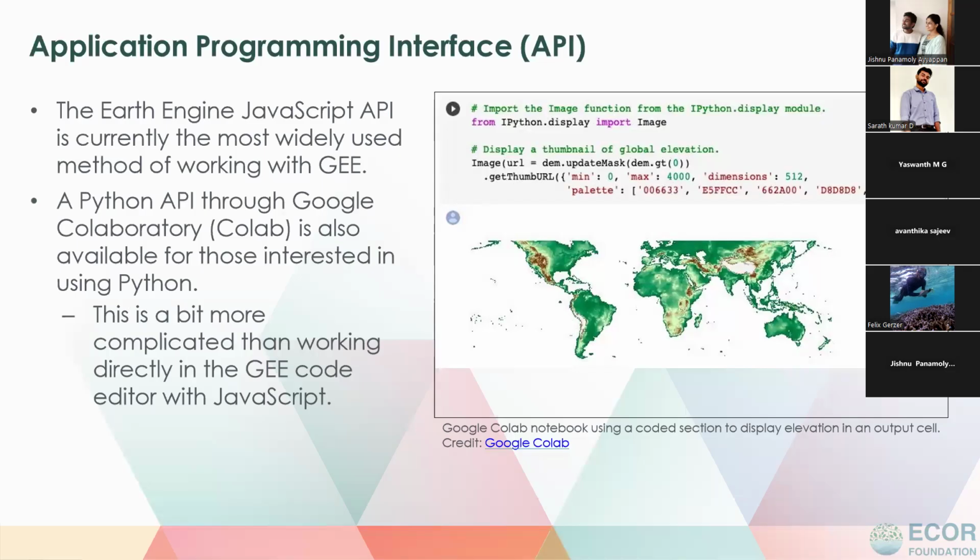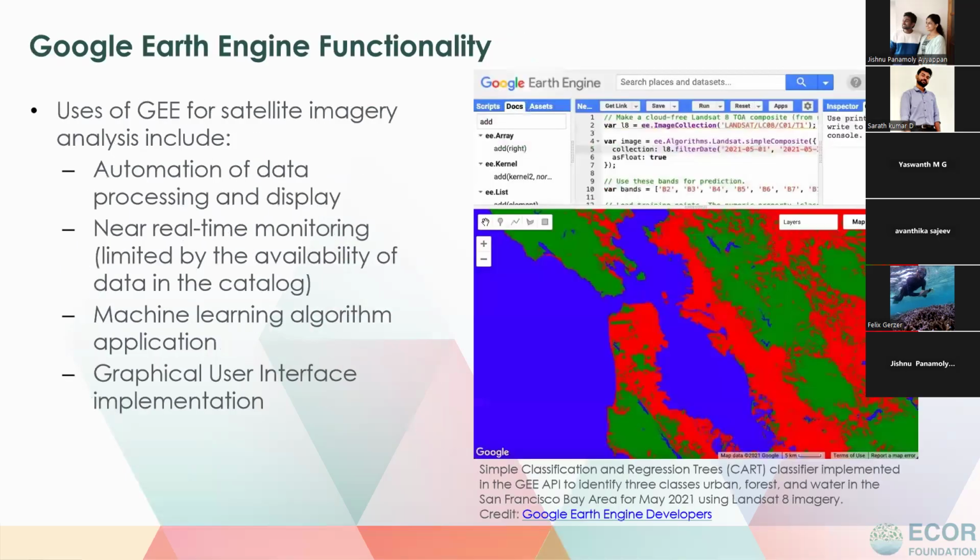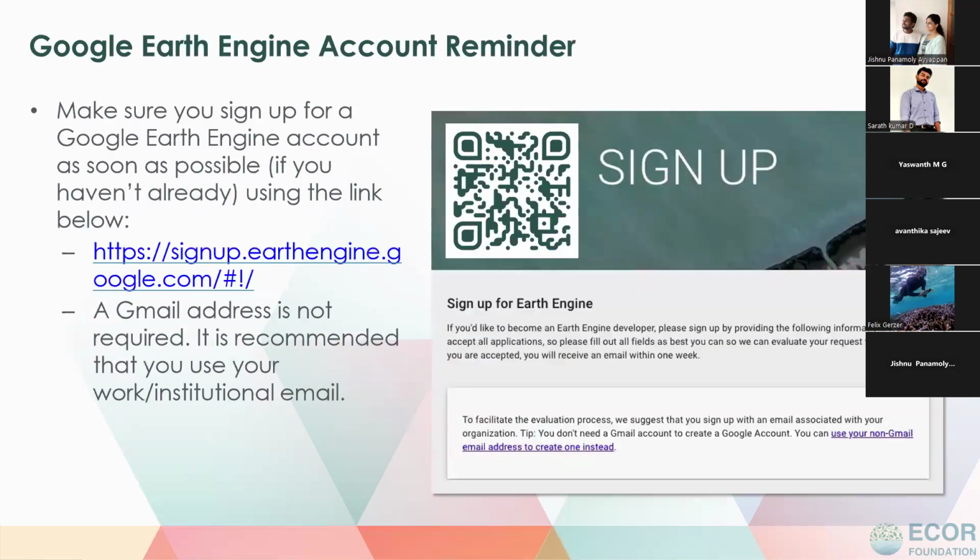The coding can be done in JavaScript or Python, though mostly people use JavaScript in Earth Engine. The workflow is very fast and scalable, ideal for monitoring a large number of lakes or water bodies, or mapping changes over time, like temporal and time series analysis.